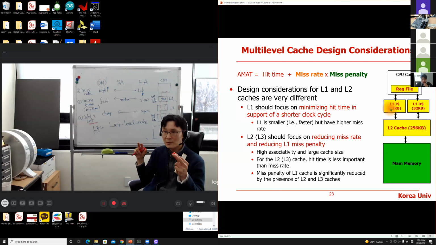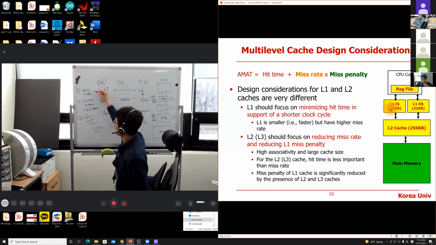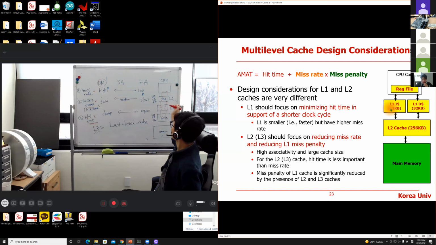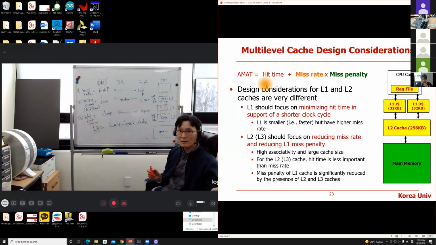So consider these 2 factors, miss rate and access time. Which one would be more important for a level 1 cache? If you look at this equation, for level 1 cache, hit time would be very important.